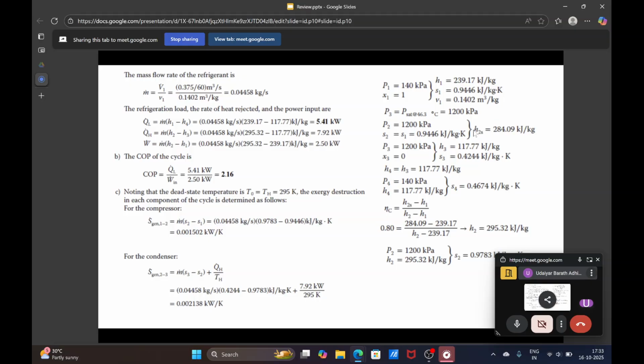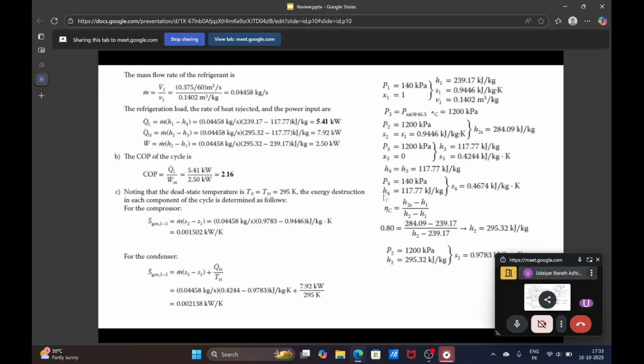That gives you an enthalpy of 284.09 kilojoule per kg, after interpolating. State point 3 is a saturated liquid, so we can straight away get the values: corresponding to 1200 kilopascal, enthalpy is 117.77 kilojoule per kg, and entropy is 0.4244 kilojoule per kg Kelvin.